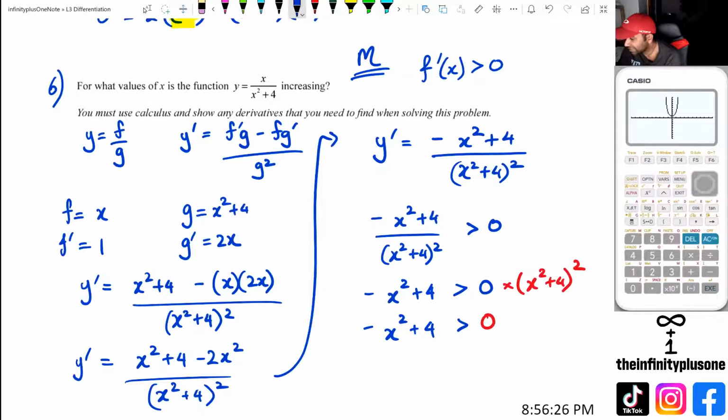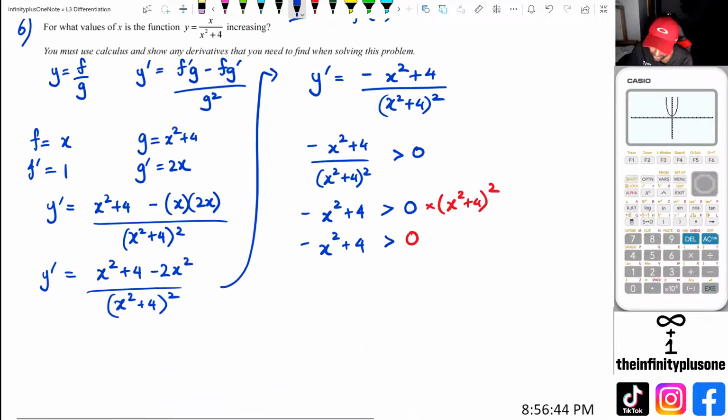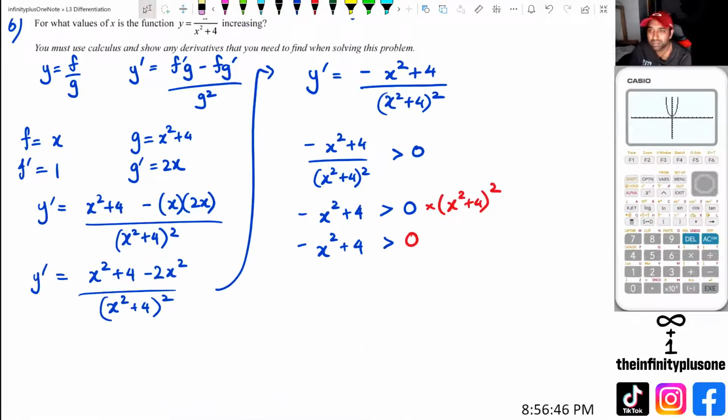Now, this is when you've got to be very careful. I've taught you guys this before with level 2, and some people have done it with the graphs. You can actually do this in the calculator. Right now I'm looking for negative x squared plus 4, and I'm going to draw it.